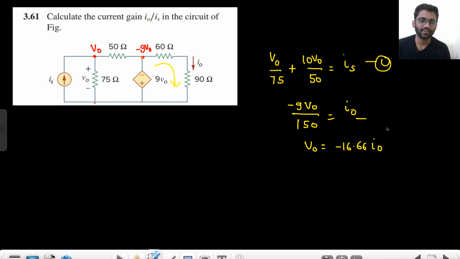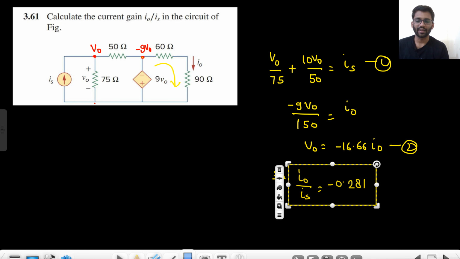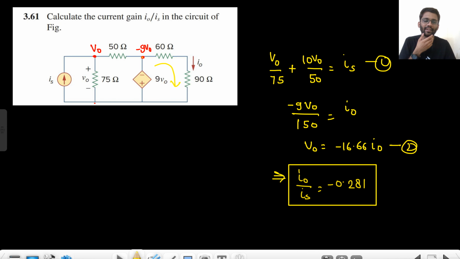I will call this equation 2. Just replace V naught with this value and you will get the value of I naught by Is. That value is minus 0.281. There can be some error in the calculation. I hope there is no error in all the questions, but if there is any, just mark it out. So that's the final answer we are getting.